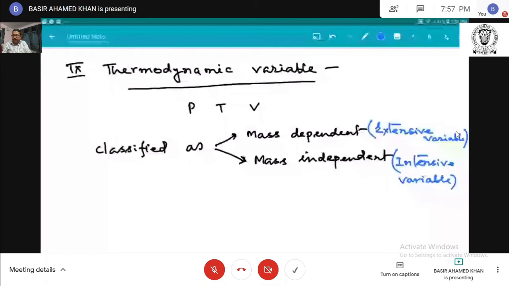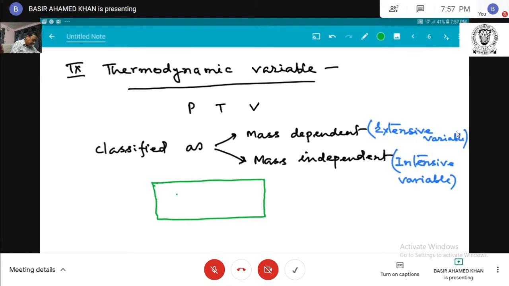Suppose a thermodynamic system is in thermodynamic equilibrium.